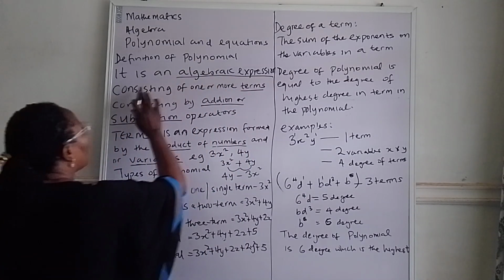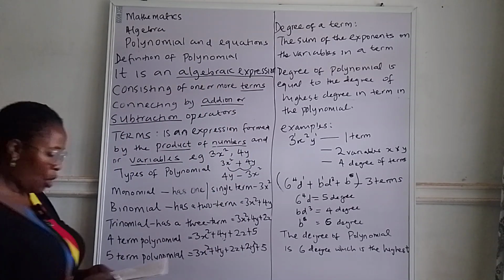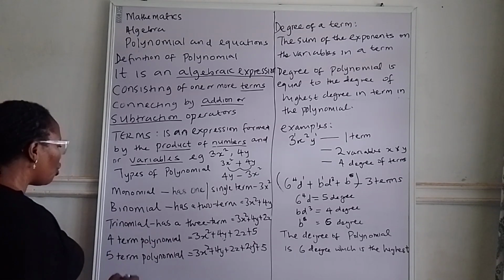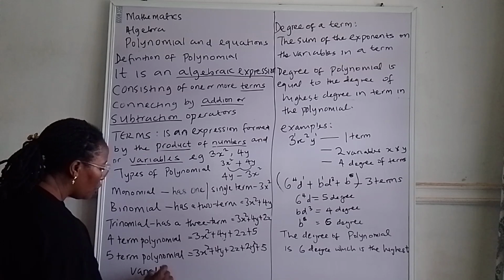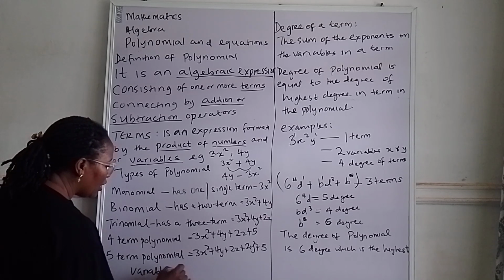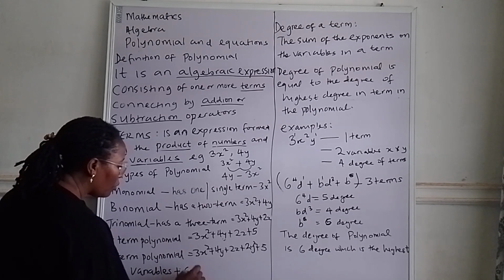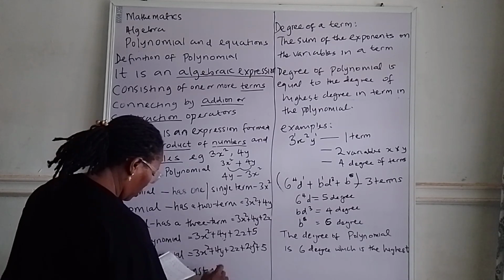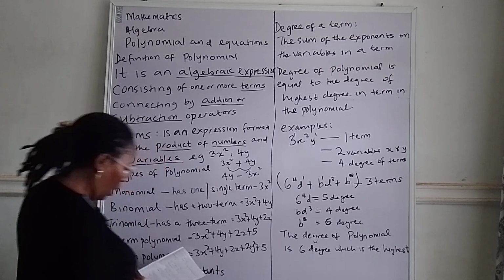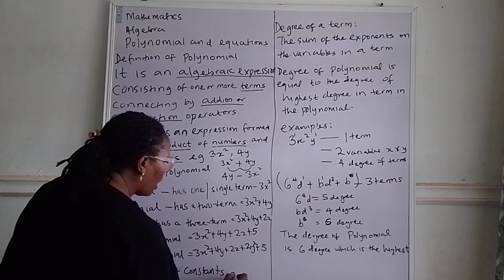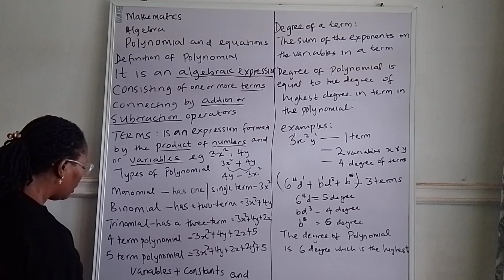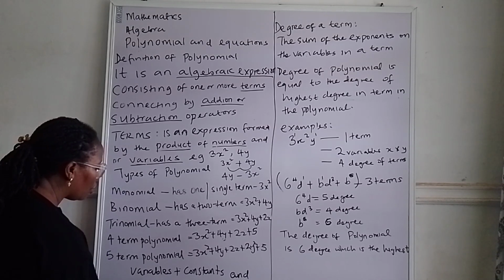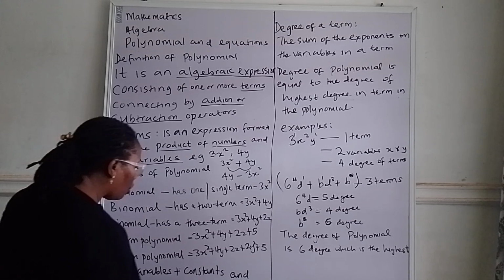When we say that a polynomial is an algebraic expression, an algebraic expression is a combination of variable, constant, and algebraic operators.